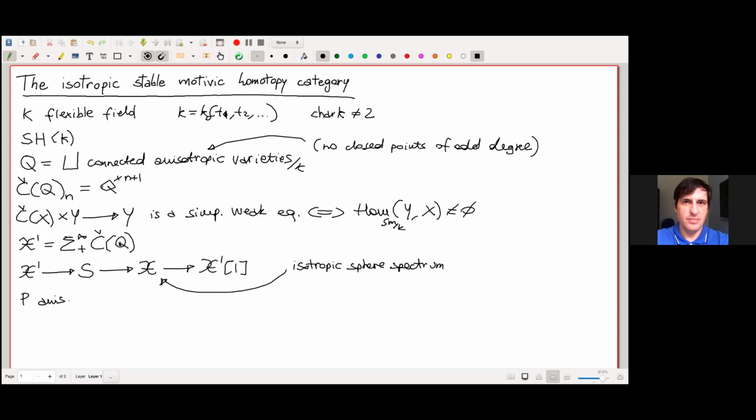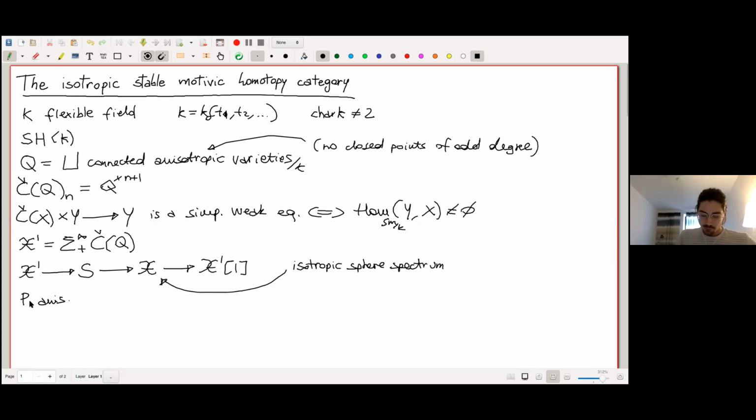I'm confused with the plus sign here. Usually you have to have some pointed scheme, so I'm just adding this base point, essentially. Okay, so this is just the suspension spectrum. Yes. Right.